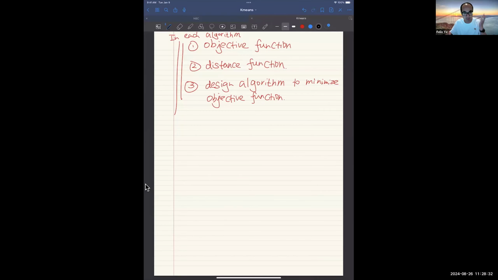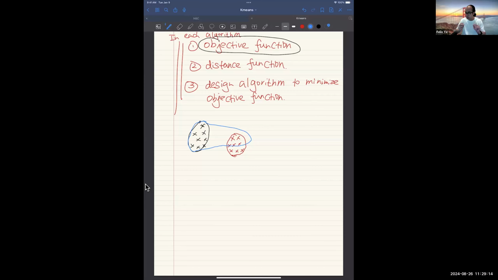So for example, let me just see like 2 versions. We need to define what the objective function is, right? If we have some black points right here, and some red points right here, naturally you would think I want to build a cluster one right here, and another cluster right here, right? It would be a bad idea to build a cluster right here. Why?